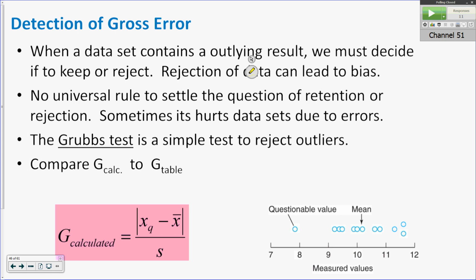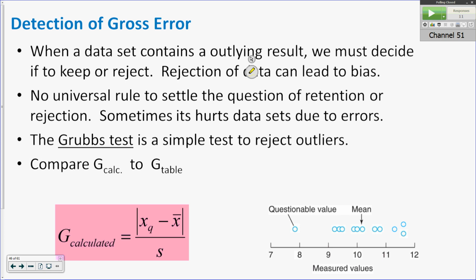Okay, so what happens when we get these gross errors is we have to figure out can we discard them or keep them. The old text, the one this author used in the previous textbook, used something called the Q test. The author has switched, in this edition of the book, to a different test that's somewhat similar called the Grubbs test, or the G test.